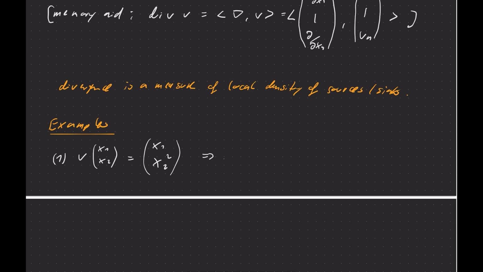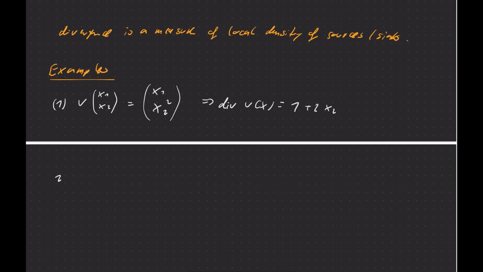And then the divergence of that is, well, we need to differentiate the first component with respect to x1, so that derivative is 1. And we need to differentiate the second component with respect to x2, so that's 2x2. So this is the divergence of that field.